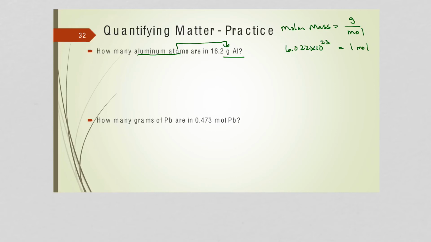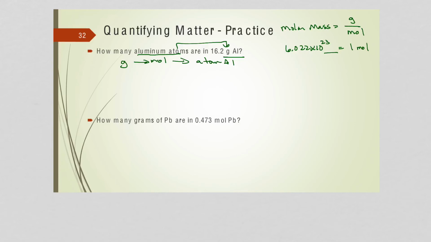So we have to do this in two steps. We're going to have to start with grams and go to moles, and then go from moles to atoms, using our molar mass to go between grams and moles, and using Avogadro's number to go between moles and, in this case, aluminum atoms.